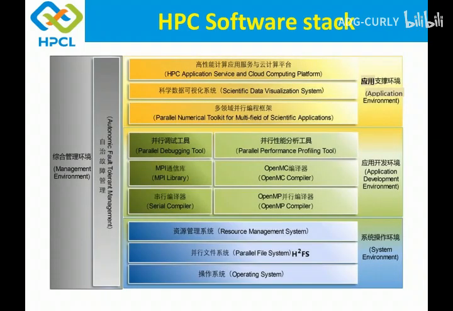As for how the whole computer is put together and how you program it, there are several layers to the programming. At the bottom layer, you have the system environment: the operating system, a parallel file system, and a scheduler, which manages all the resources. On top of this, you can begin to write your programs.